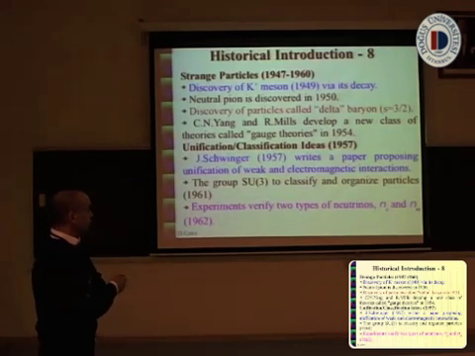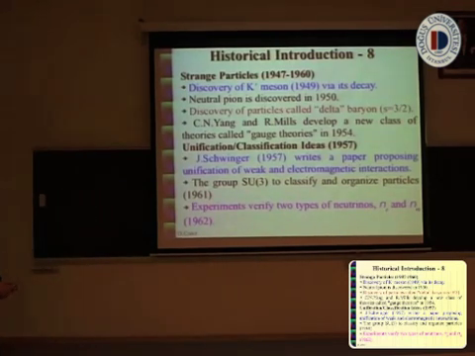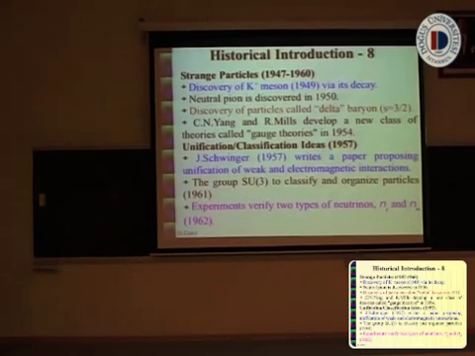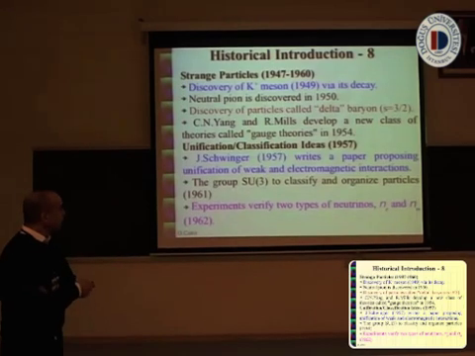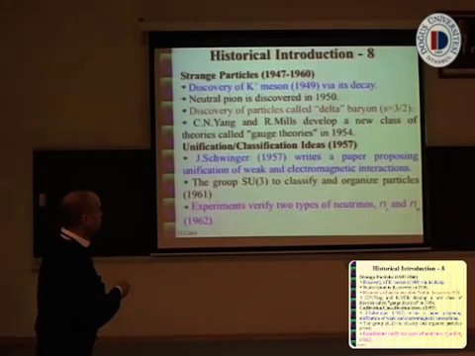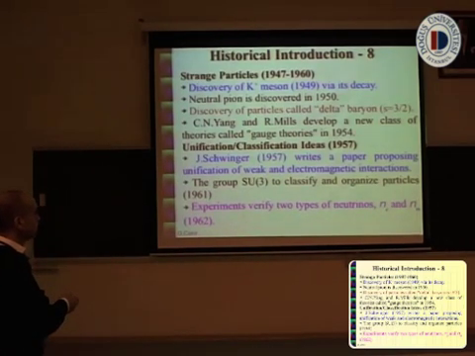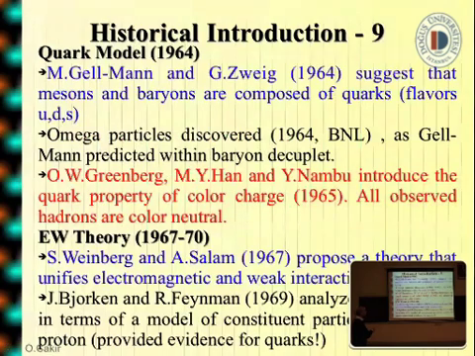There are also unification and classification ideas in the 1950s. Schwinger makes this, and another idea, from Gell-Mann and Zweig, is that mesons and baryons are composed of quarks. It's a suggestion.